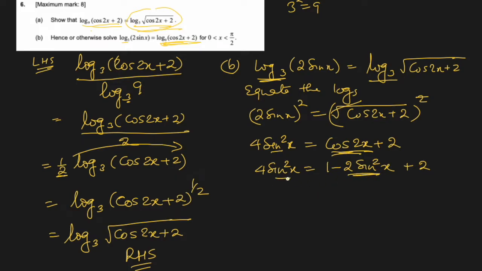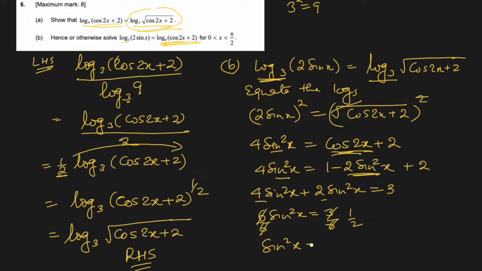Let's combine the sine squares. So it will be 4 sine squared x plus 2 sine squared x equal to 1 plus 2, 3. 4 plus 2, 6 sine squared x is equal to 3. Divide both sides by 6 to get rid of this 6, which gives half. Sine squared x is equal to half.